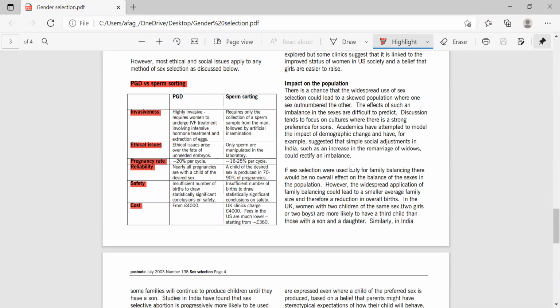Just tell her the pregnancy rate, for example, is around 20% in both of the procedures.